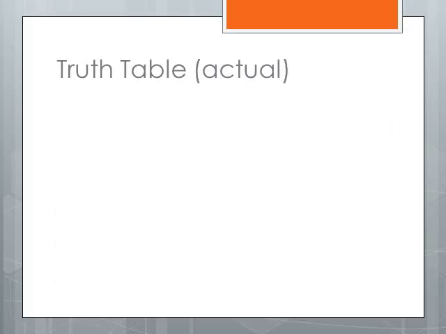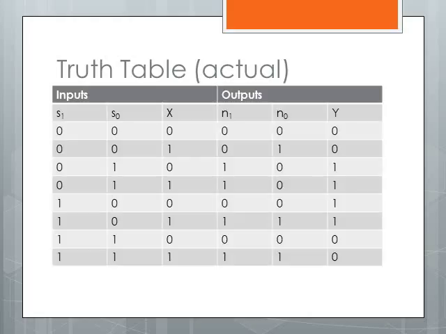So here you can see that we have a different truth table. This is the actual truth table you're typically going to see. You're going to see the binary definitions of your states, not the name. So, again, this is S sub 1 and S sub 0. So if our initial state is 0, 0, our A state, when x is 0, our next state is the A state.